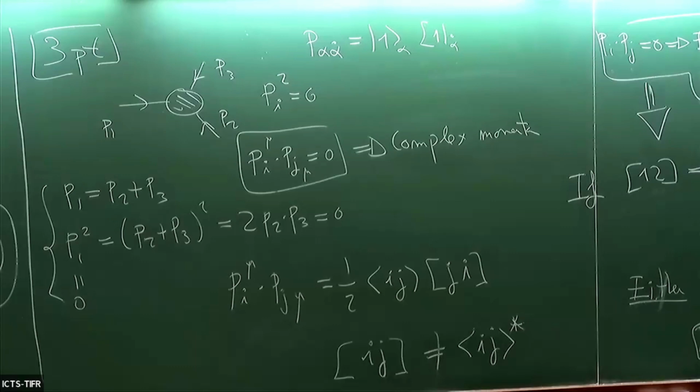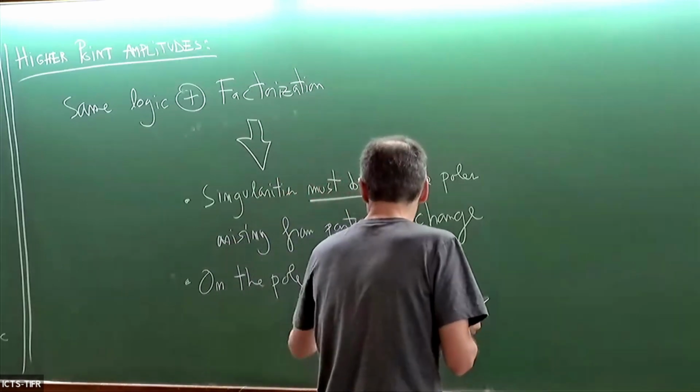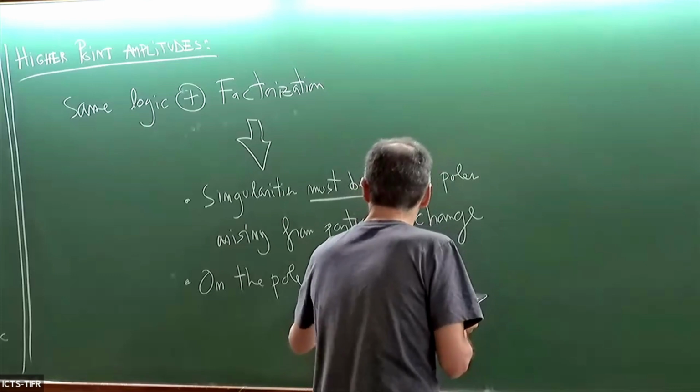So what I will demand with these poles, factorization, that is a property that you get in field theories, it means that singularities, this is a very important constraint, must be simple poles arising from particle exchange, and on the pole, you go 1 over S, when S goes to 0, and in this case, let's say the higher point.